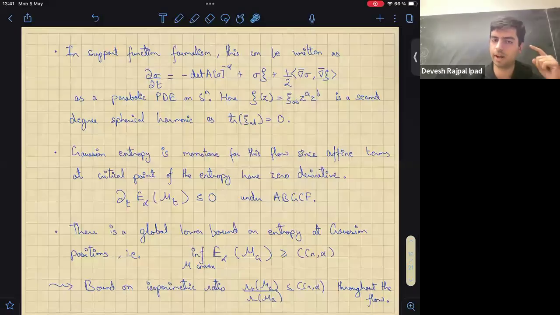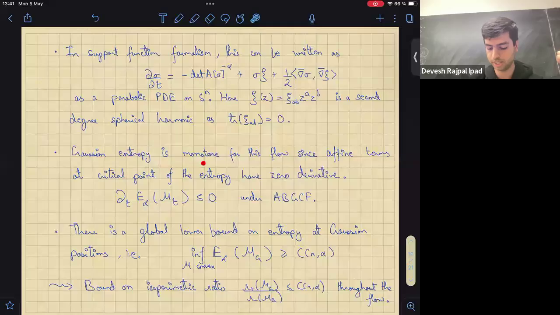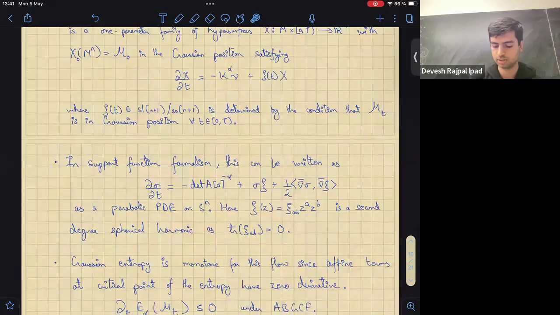Okay, so an advantage of this flow is that the original entropies which were there for Gauss curvature flow are still available for these flows. In particular, if I'm restricting my flow to be at the Gaussian positions, then the Gaussian entropy is monotone for this flow. Since the affine terms don't change the entropy.